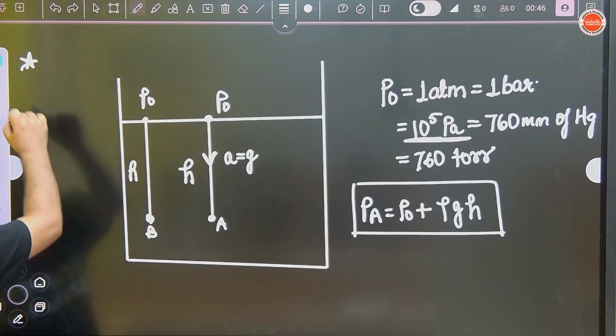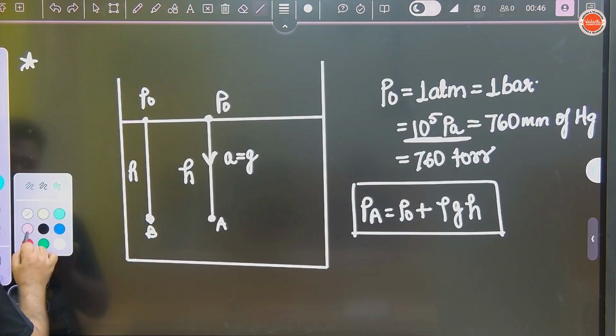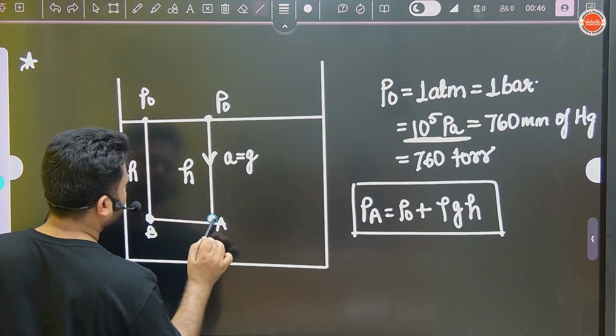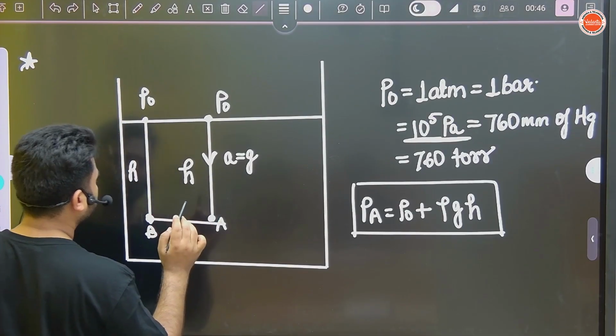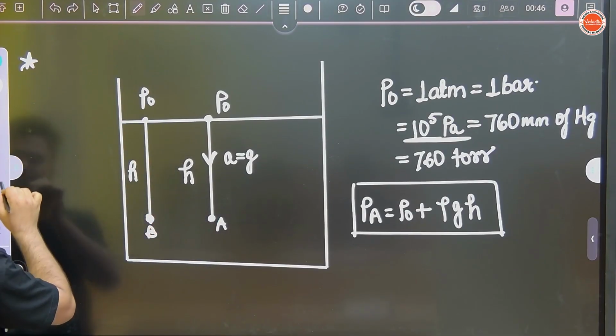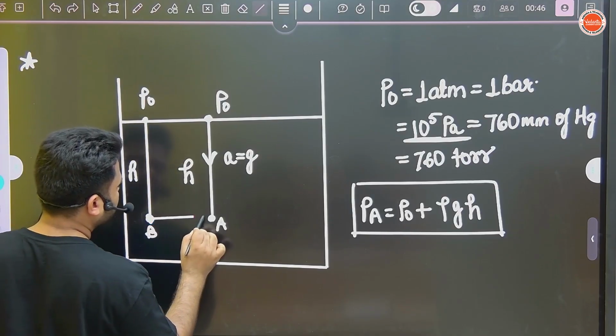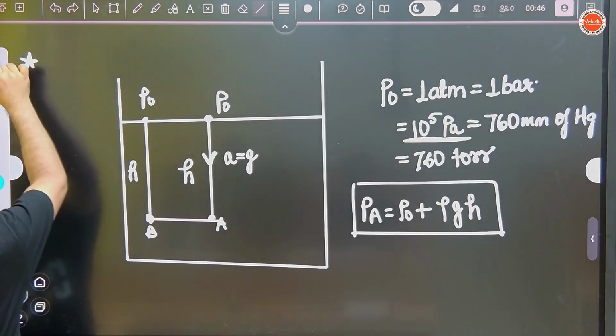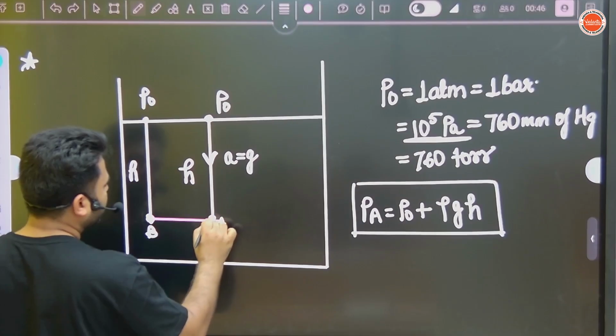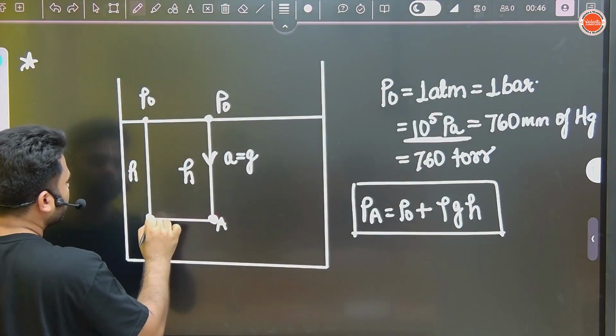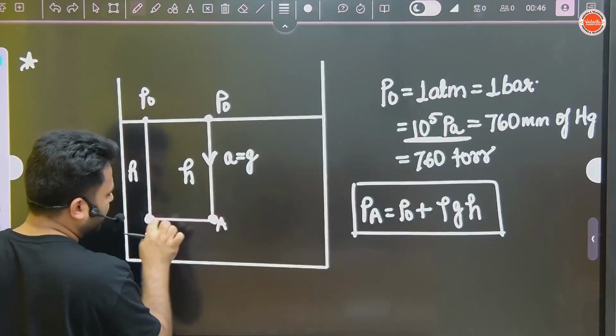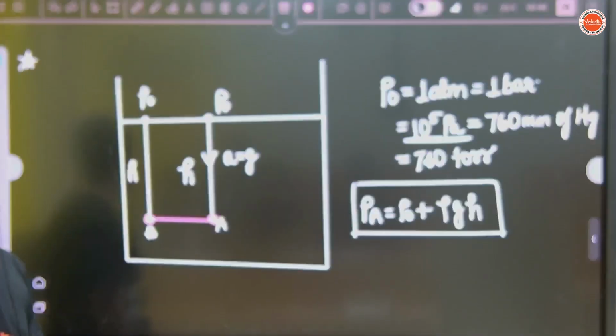And we can think like this also. If I draw a line like this between these two, in this direction, is there any acceleration?